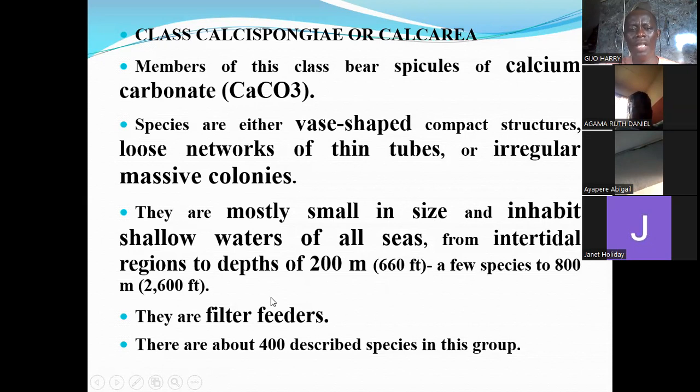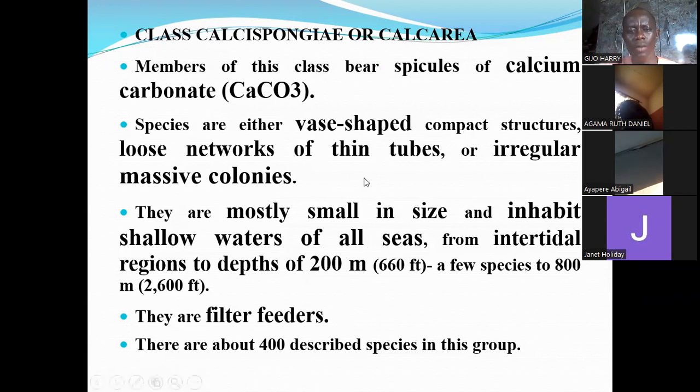The calcispongia are filter feeders. As the current brings food particles and other organic matter, they filter their food. The food enters through the pores and is digested by the food vacuoles, and wastes are expelled through the osculum.